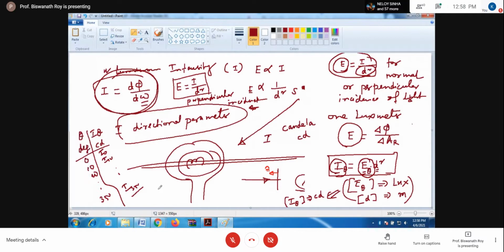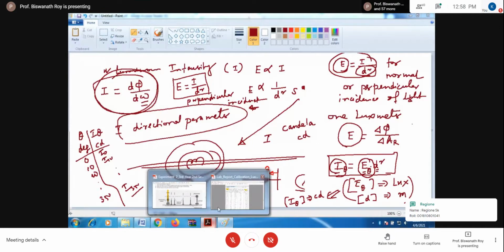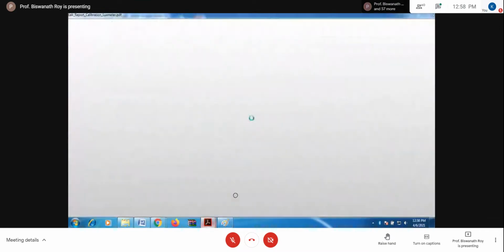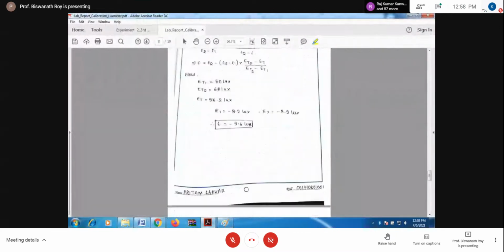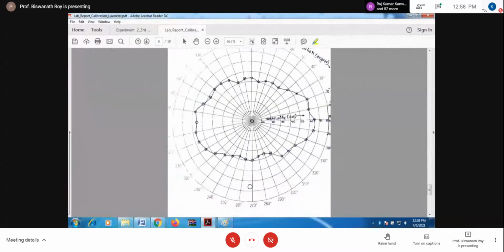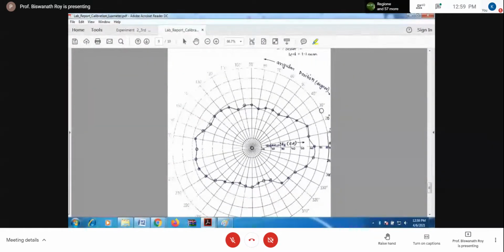Now we can plot it. So this is the tabulated data. We can plot it in a polar diagram. So in the polar diagram, this is the angular direction, right? In this, the right hand side is taken as 0, and it is increasing in the anti-clockwise direction, right? So it is 0, 10, 90, 180, 270, like this.